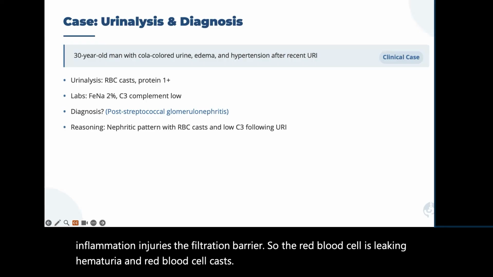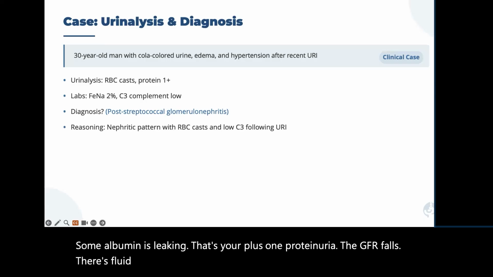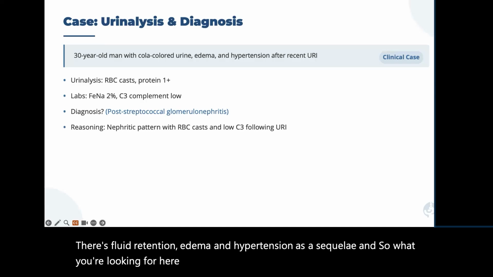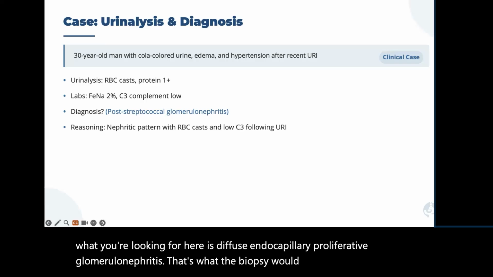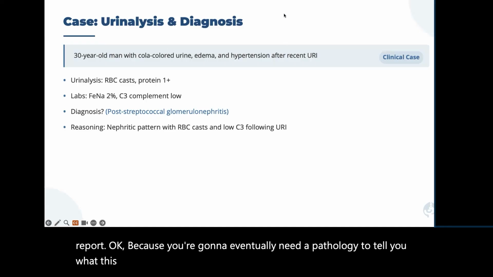Some albumin is leaking, that's your +1 proteinuria. The GFR falls, there's fluid retention, edema, and hypertension as a sequelae. And so what you're looking for here is diffuse endocapillary proliferative glomerulonephritis. That's what the biopsy would show on your path report, okay? Because you're going to eventually need a pathology to tell you what this situation is.